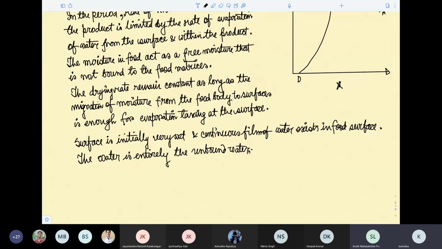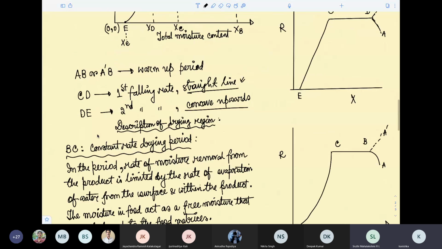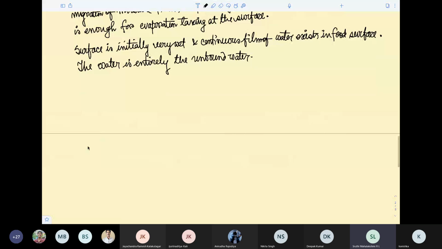Now coming to the falling rate period. So this is BC, and C2E is the falling rate period.